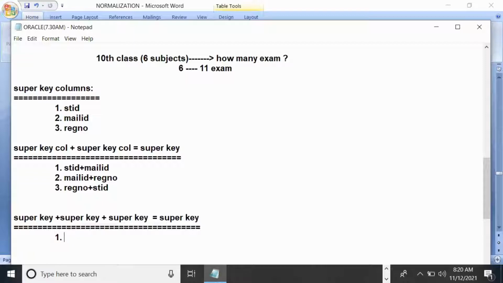So the combination of student ID plus mail ID plus registration number, this three-column combination is also called a super key. Yes or no?